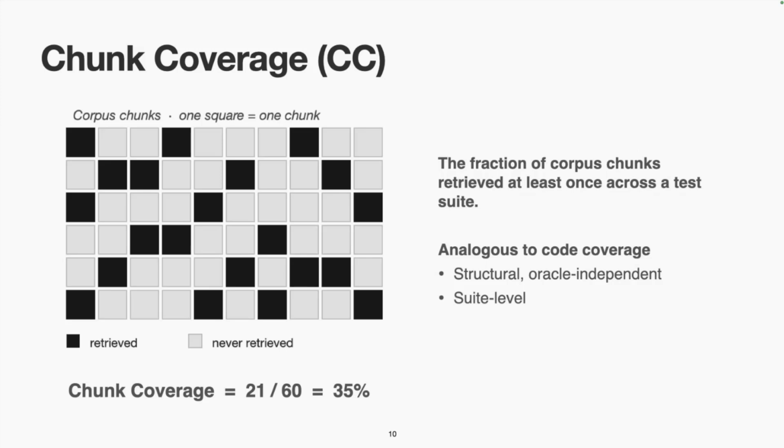So the chunk coverage is just the ratio of the number of retrieved chunks out of the entire number of chunks. And it is quite similar to code coverage in software testing, because it is structural, it is oracle independent, and it is also computed on a test suite level.